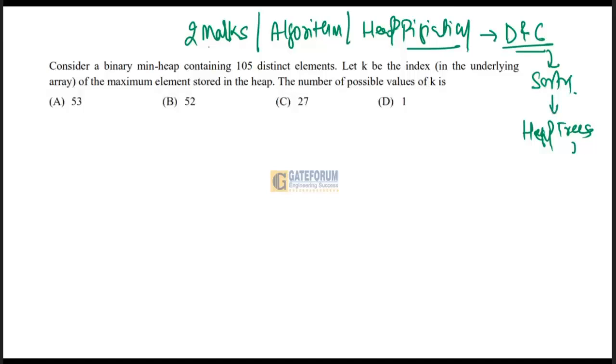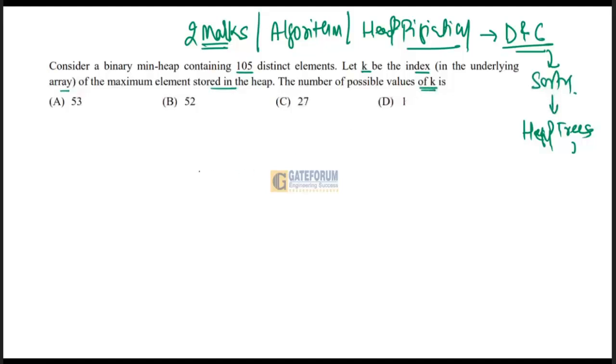So from there it was asked for 2 marks. The question is: consider a binary min heap containing 105 distinct elements. Let K be the index in the underlying array of the maximum element stored in the heap. The number of possible values of K is.